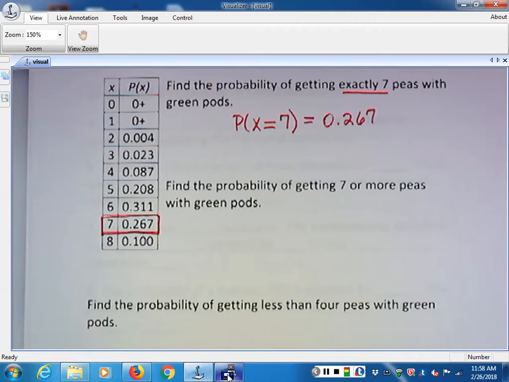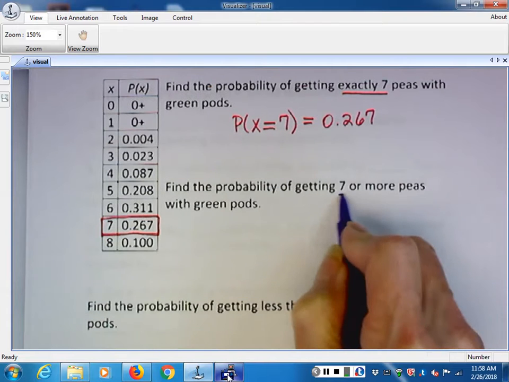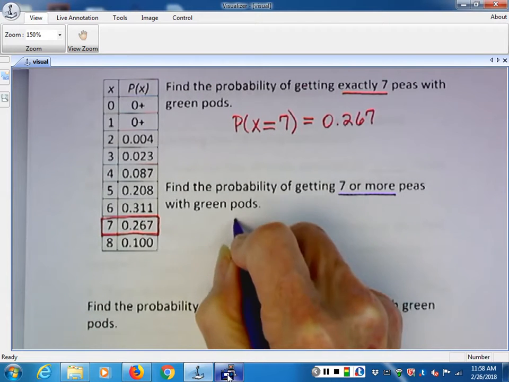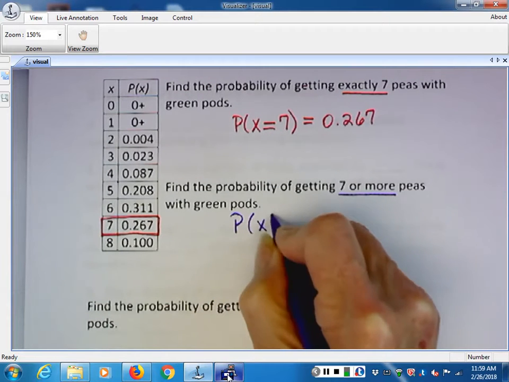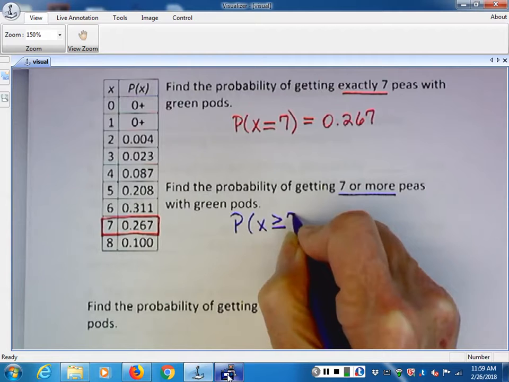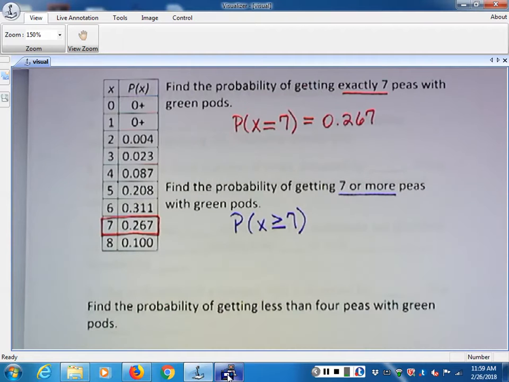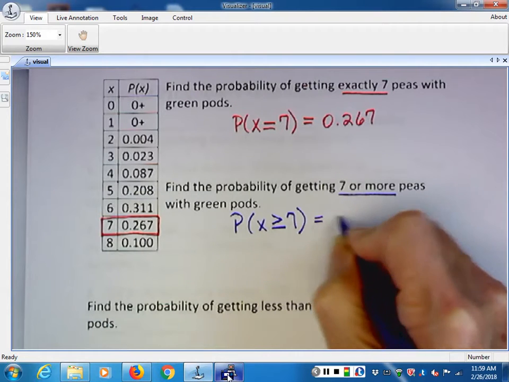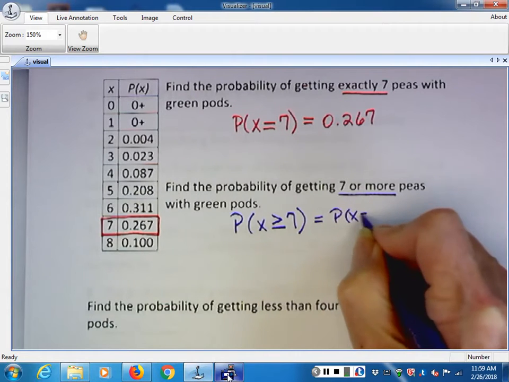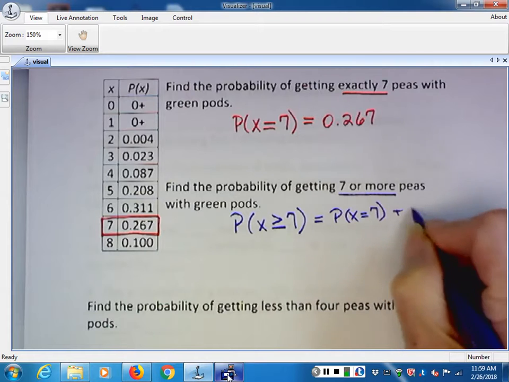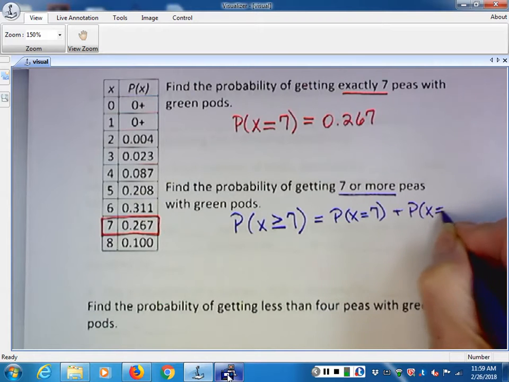But if it switches and asks us to find the probability of getting 7 or more, that's the probability that x is equal to or greater than 7, which would be the probability that x is equal to 7 plus the probability that x is equal to 8.